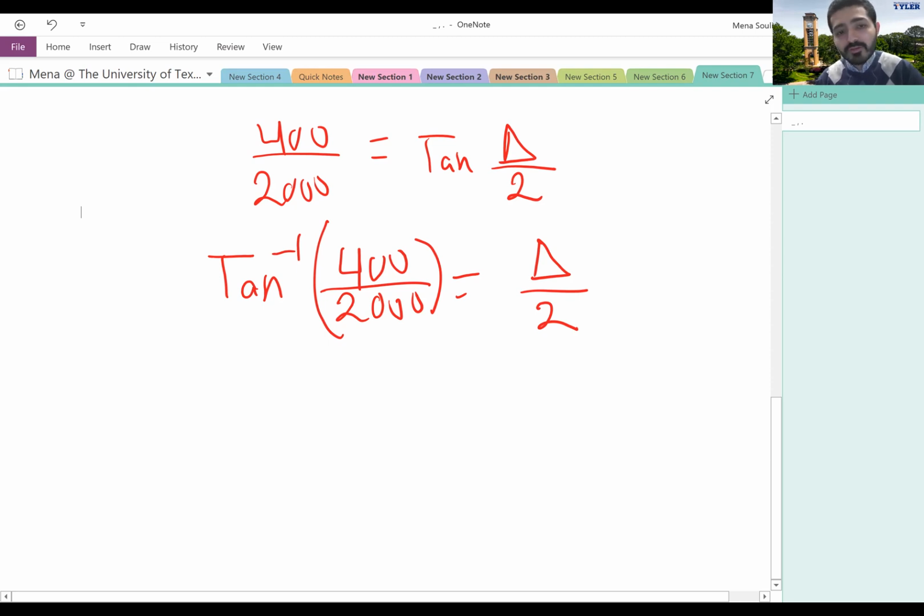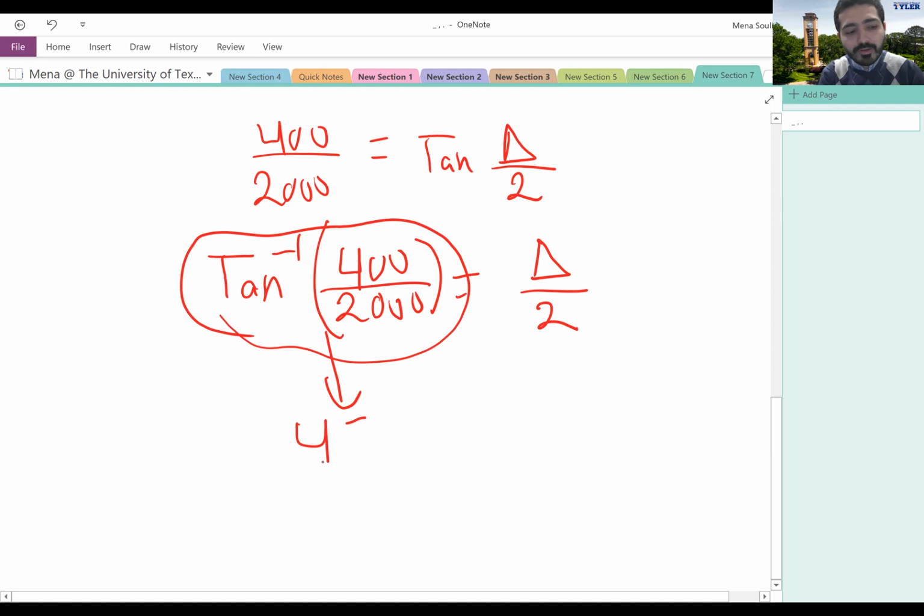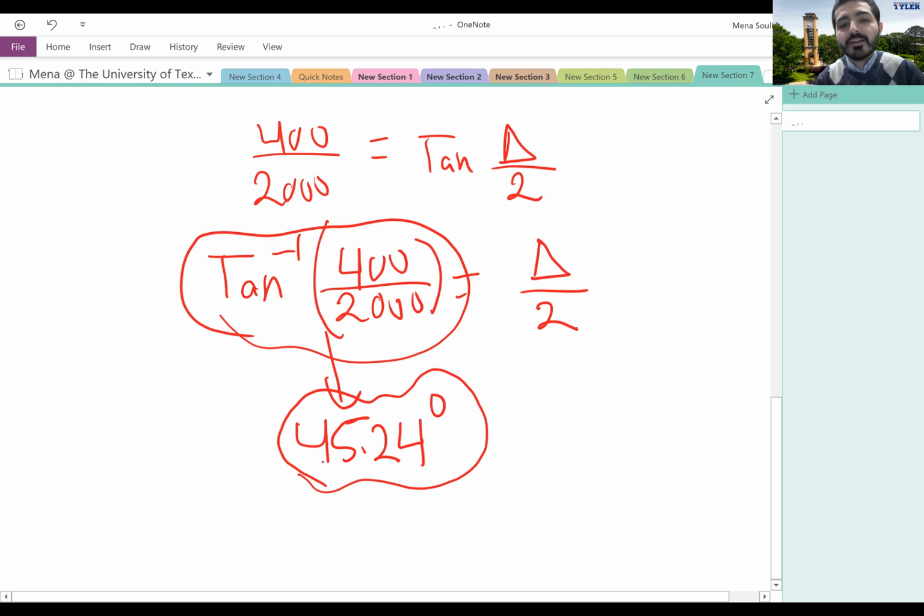So 400 over 2000, then tangent inverse of that, you are going to end up with roughly 45.24 degrees.